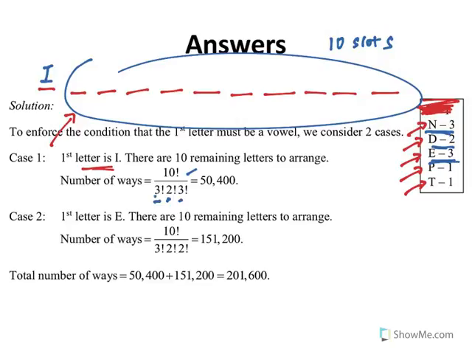This 3 factorial comes from the fact that you have 3 N's, this comes from the fact that you have 2 D's, this comes from the fact that you have 3 E's, and this comes from the fact that you are arranging a total of 10 letters.